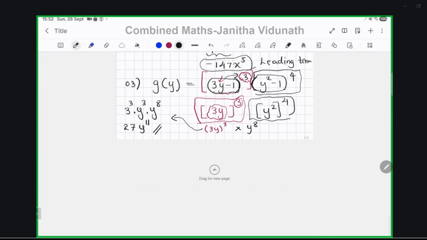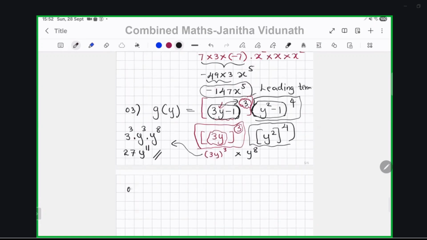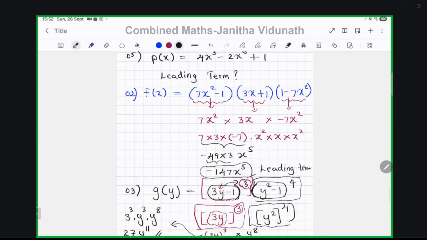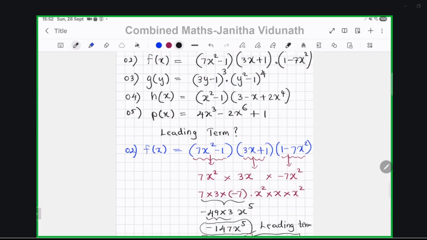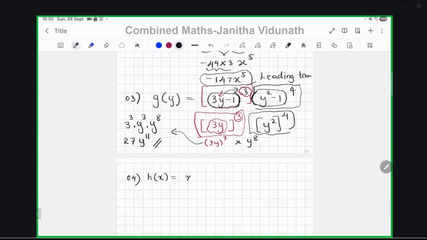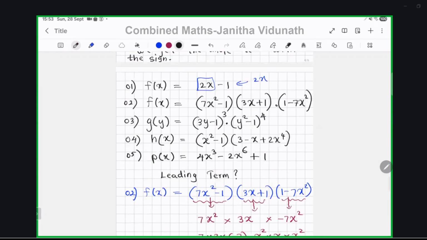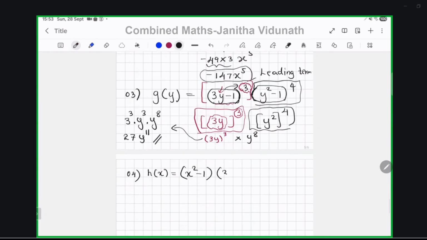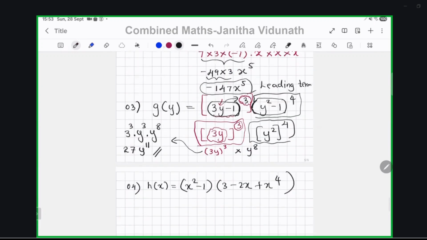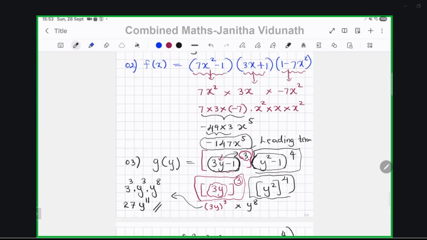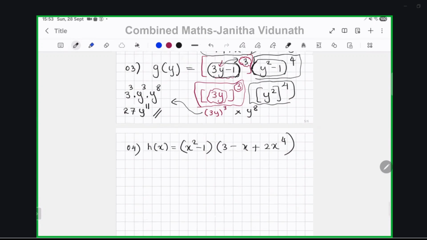Okay. In the fourth question, h of x equals x square minus 1 whole cube, minus 2x plus, sorry, square minus x plus 2x to the power 4.